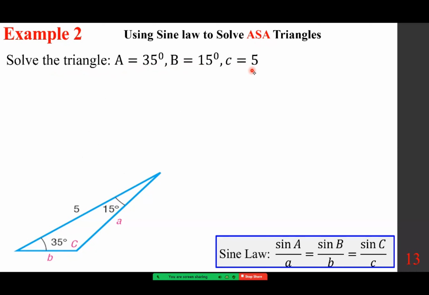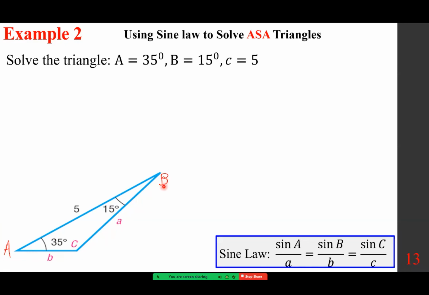So let's just, if A is 35 degrees, B is 15 degrees, so A, B and this is C. So opposite capital A is lowercase a, this side.